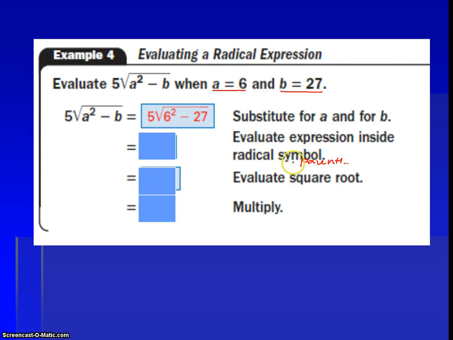So let's do this first. There's a square, so I'm going to have 36 minus 27. 36 minus 27 is 9. So now I have to evaluate the square root. What's the square root of 9? 3. 5 times 3, because remember, any time a number is next to parentheses, and in this case the radical symbol, this means multiplication. 5 times 3 is 15.